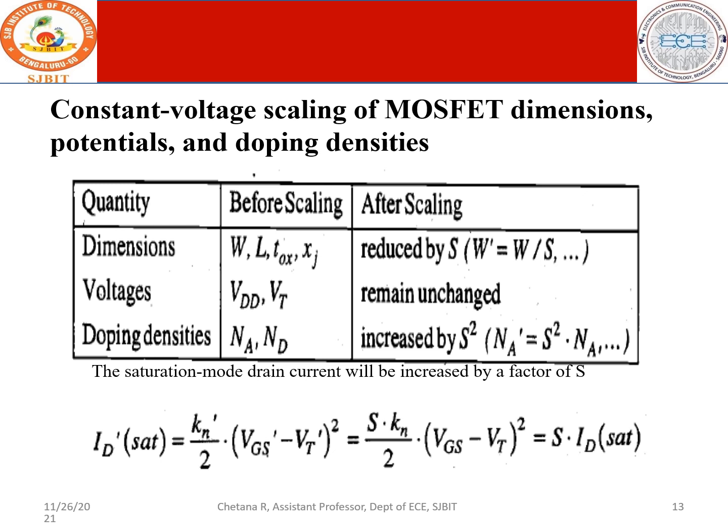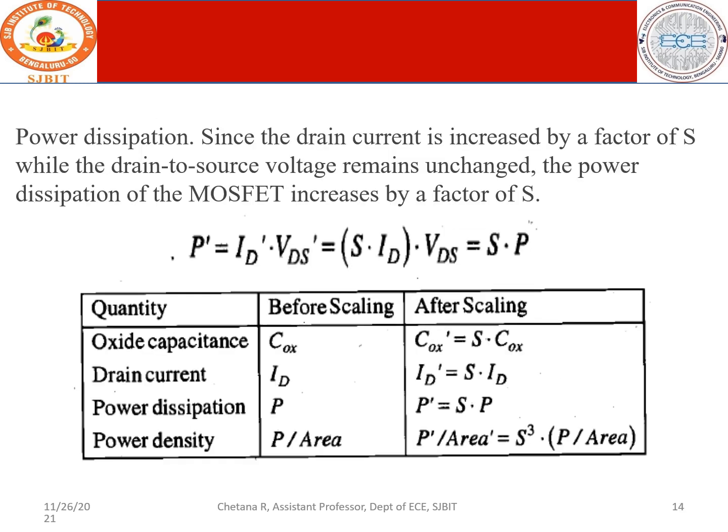And if you look into it, this whole thing is your ID, therefore it is S into ID sat. So the linear current as well as the drain saturation current is scaled by a factor of S. It is multiplied, it is increased. So that is what we wanted to show you in this difference between constant field and constant voltage scaling.